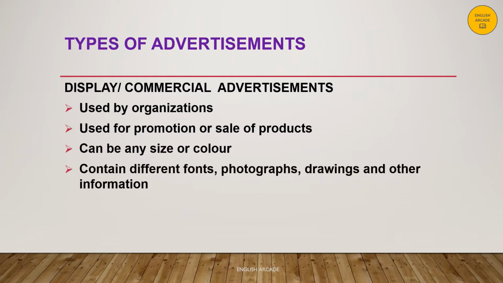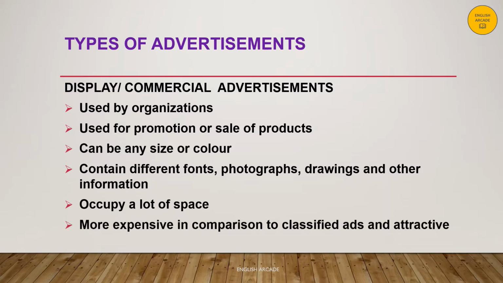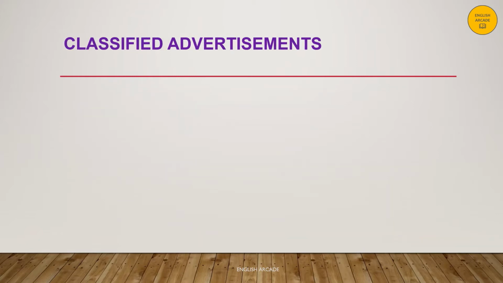They contain different fonts, photographs, drawings, and other information. They occupy a lot of space and are much more expensive in comparison to classified advertisements. The second type of advertisements we saw in the video are an example of classified advertisements.